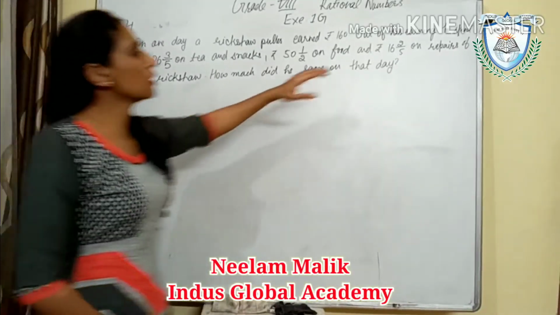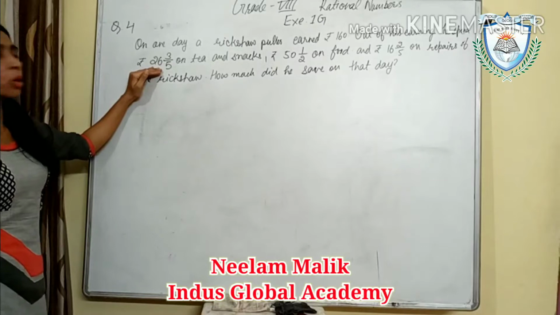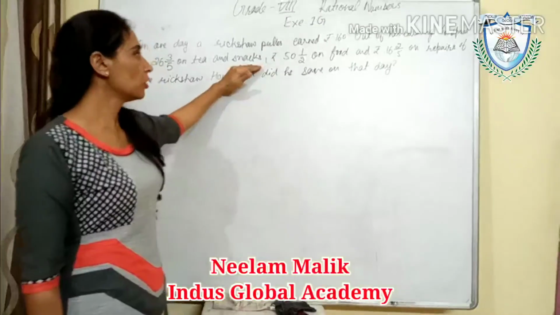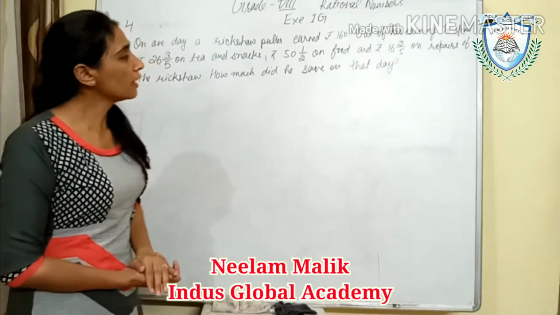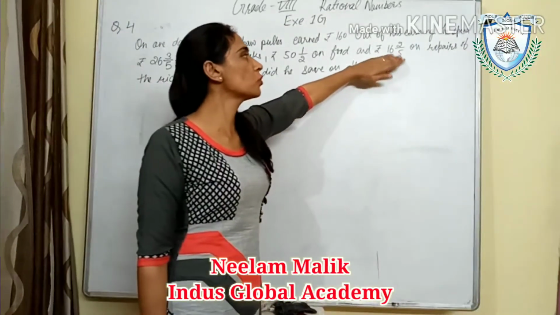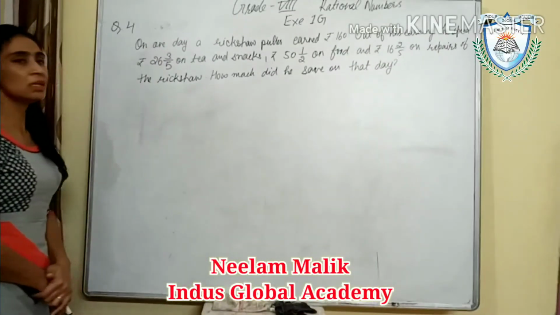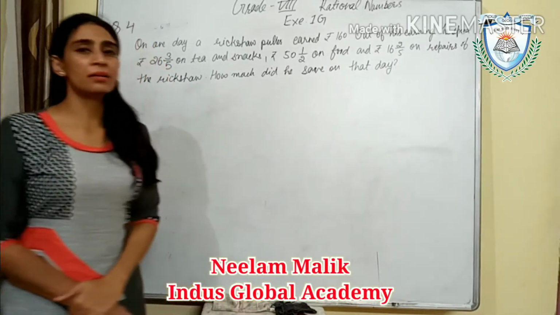Out of his earning he spent rupees 26 whole 3 upon 5 on tea and snacks, rupees 50 and half on food and rupees 16 whole 2 upon 5 on repairs of the rickshaw. How much did he save on that day?